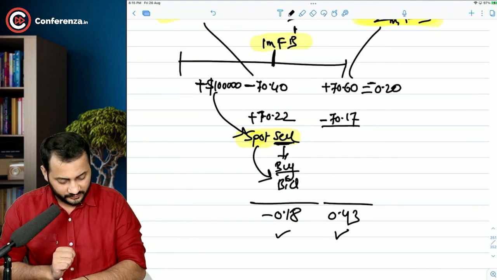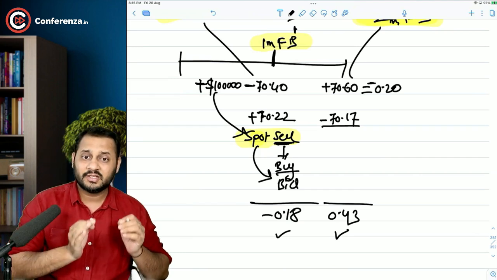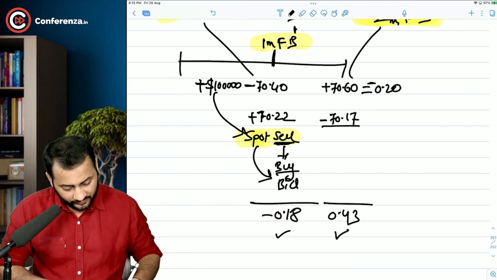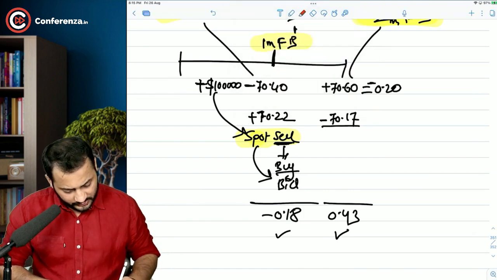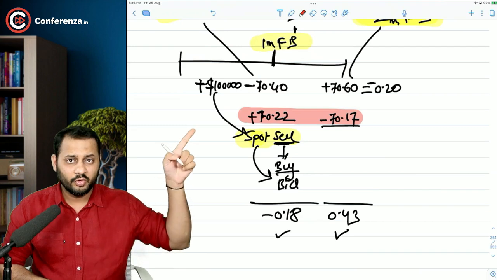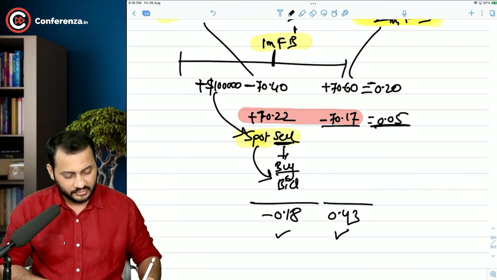What is the total of them? 0.18 plus 0.20 and minus 0.43. Ultimately 5 paisa is the profit. If you do the total of these, you can see that you are receiving more than paying. So there is a profit of 0.05 paisa.